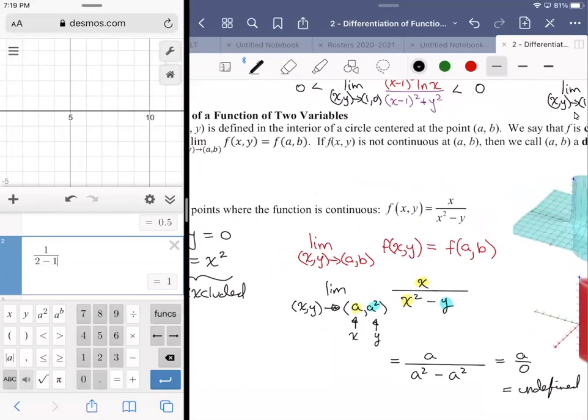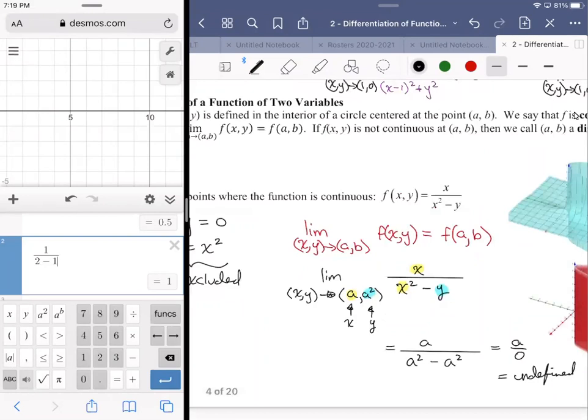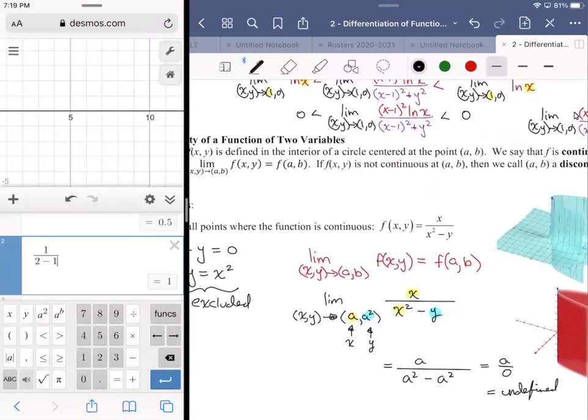It's undefined, but it's certainly not equal to f(a, b). So what we're looking at here is something that's not continuous because it doesn't satisfy that relationship.